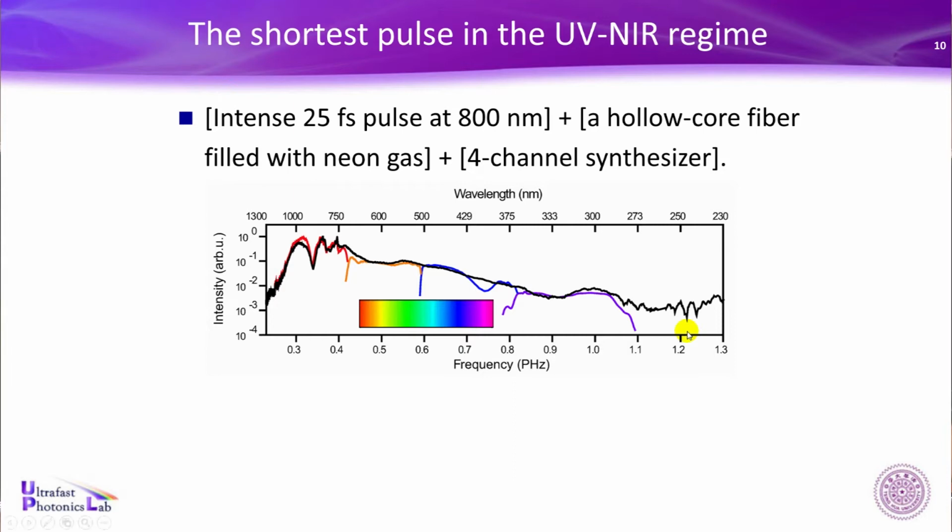But if you stop here, you cannot have a short pulse yet. What do you need further? You need a 4-channel synthesizer. What does that mean? This bandwidth is too broad. You have no tool to manipulate this bandwidth. So you have to divide and conquer. You need the first pulse compressor covering this range, second compressor, third compressor, and the fourth compressor.